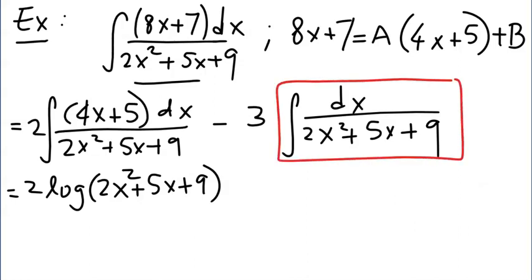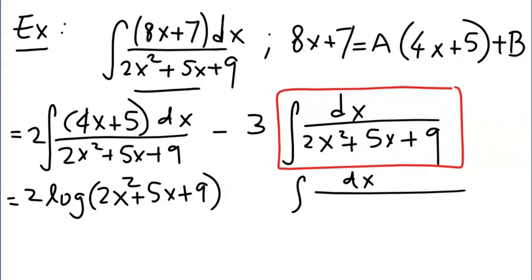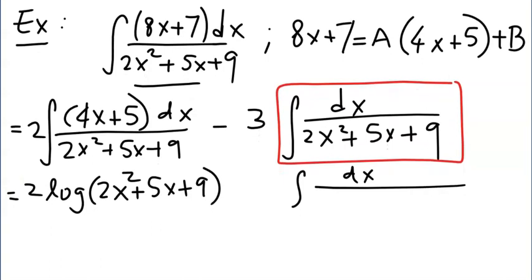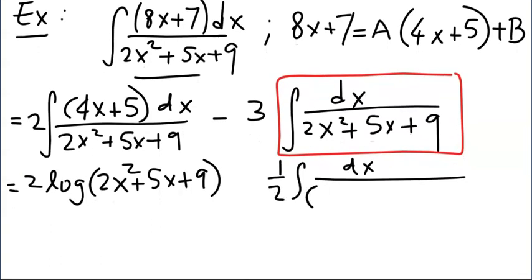So let's just look at this integral. Let's try to complete the square as we did before. When you complete the square, it will be 1 over 2, you can take the 2 out, x plus 5 over 4 squared plus 47 over 16.